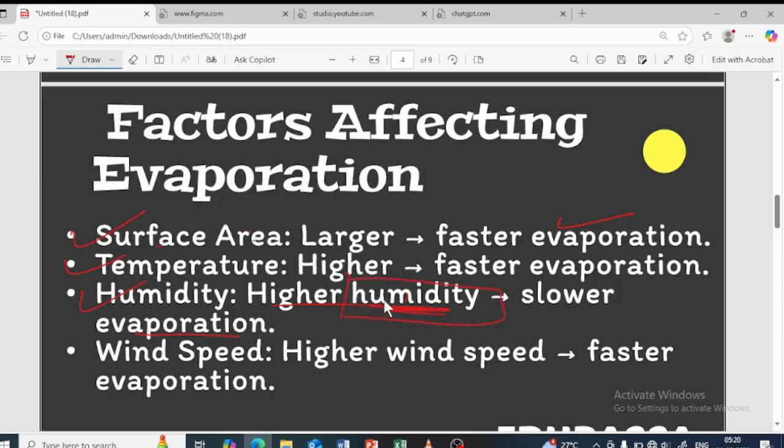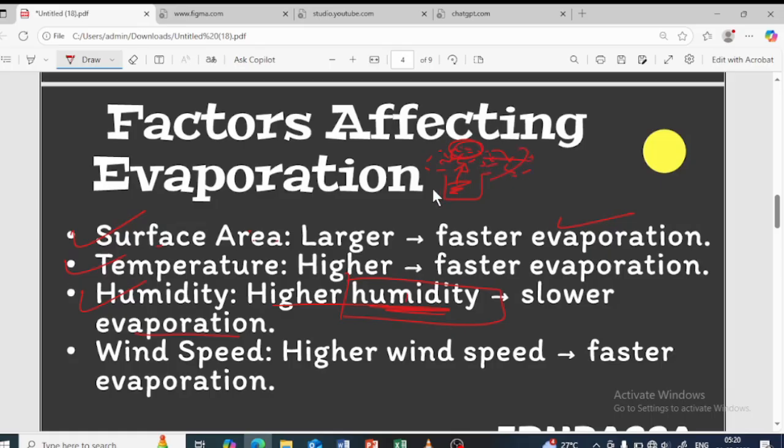If the water vapor that is present in the air is more, obviously the evaporation is less. Just imagine you keep a vessel full of water for evaporation, and the evaporated water vapors are already present in this atmosphere. Further, the water vapors cannot escape into the atmosphere because enough water vapors are already present here.